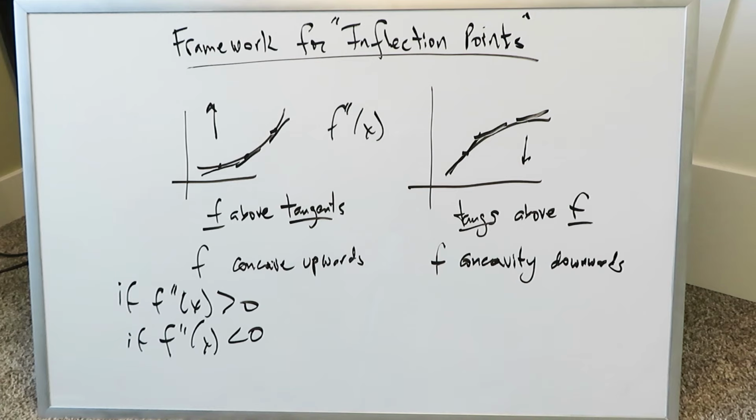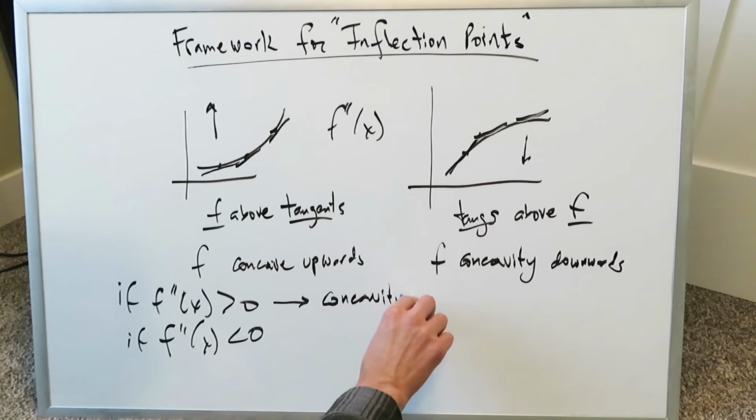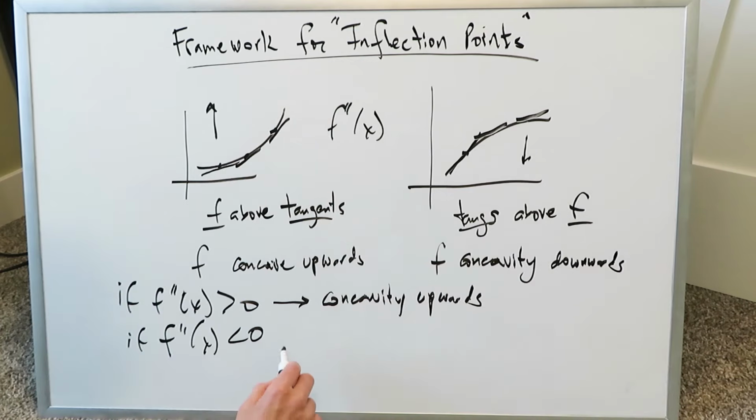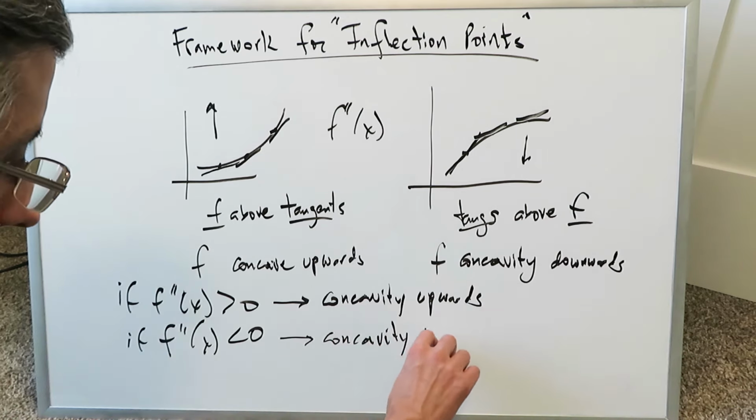For all the values of x in that interval, as you're judging this concavity test, if it is greater than 0, you have a concavity that's going to be pointing upwards. For the second order derivative values, as you plug in, you're getting negative outcomes. You're looking at a concavity that is downwards.